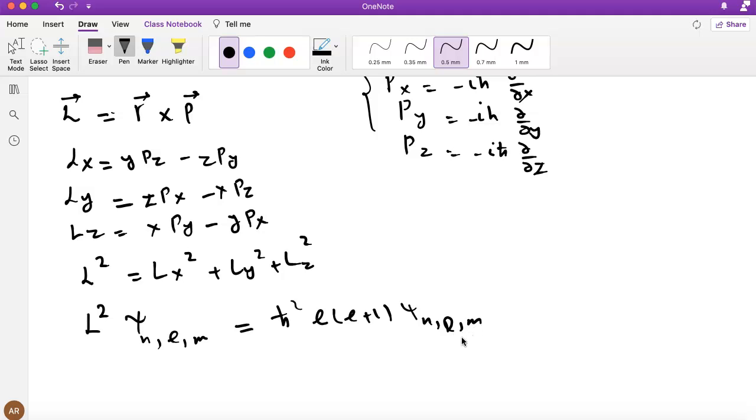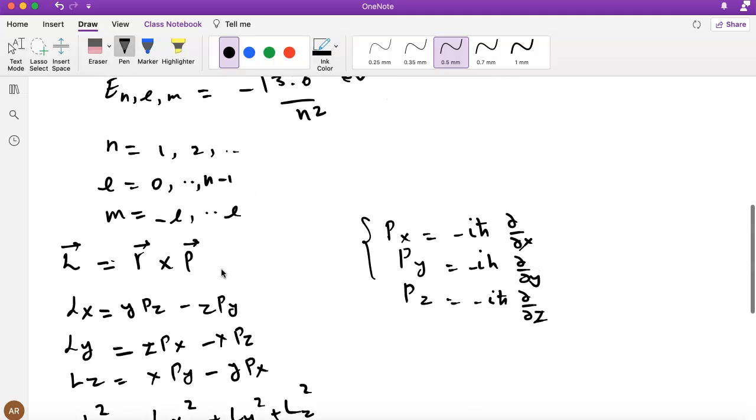So this wave function is an eigenfunction of the angular momentum operator, which means it has a precise angular momentum. There is no uncertainty in its angular momentum. And similarly, Lz times this wave function is h bar m times psi n L m.